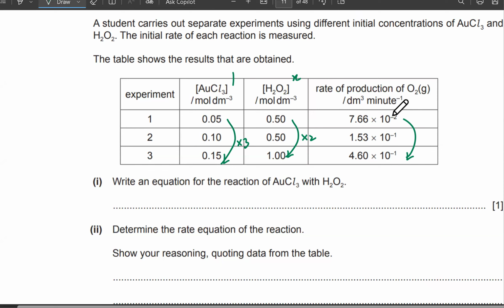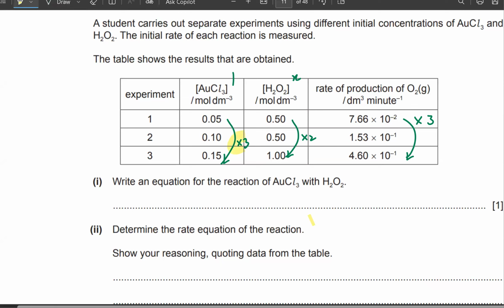It's the rate of production of experiment 1 and experiment 3 we have to find. Well, I know this is 3 times, right? So 6 is coming. You're getting 6 over here. 7.66 times 10 power minus 2 times 3.